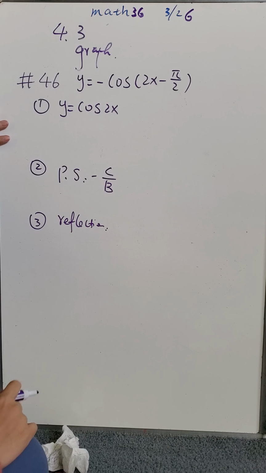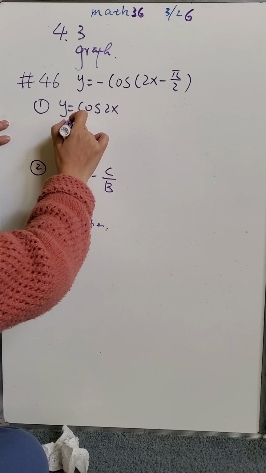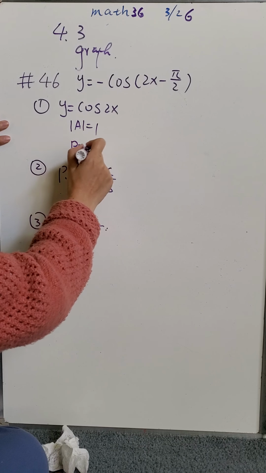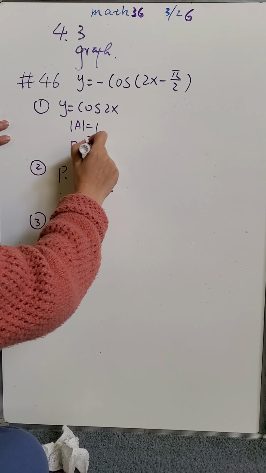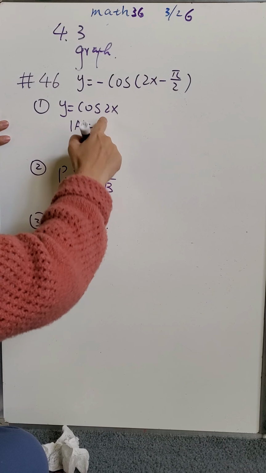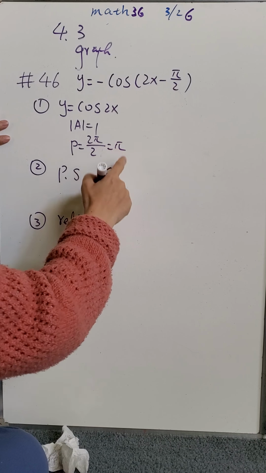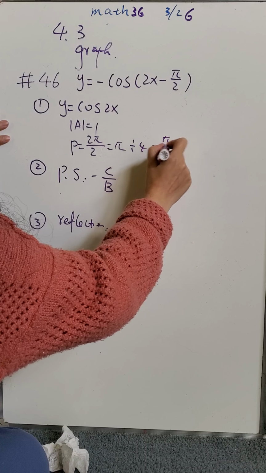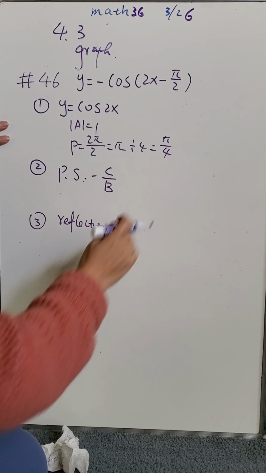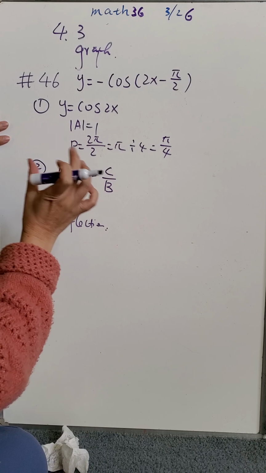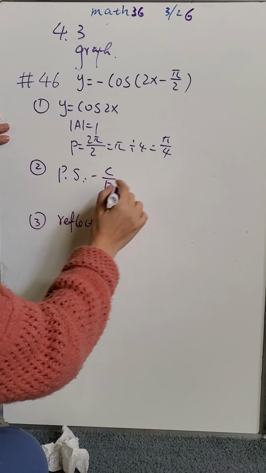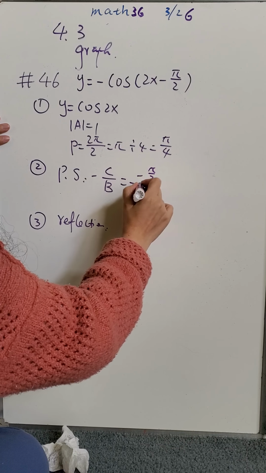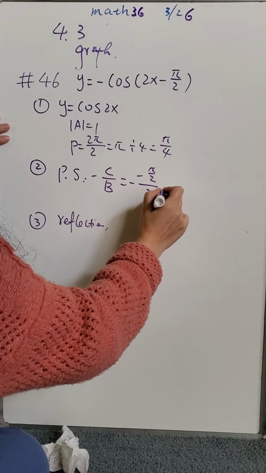Now let's do one at a time. The amplitude is equal to 1, but the period is not. P is equal to 2 pi over B. B is equal to 2, so it equals pi. Take the pi, divide by 4, so that equals pi over 4. It means a pi over 4 unit per quadrant. Phase shift equals negative C over B, so negative negative pi over 2, over 2.